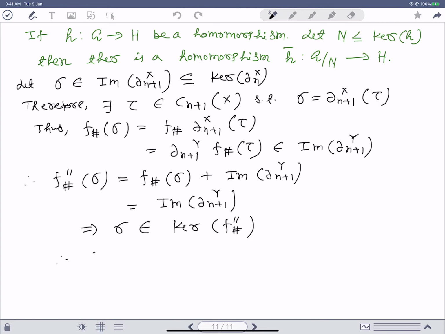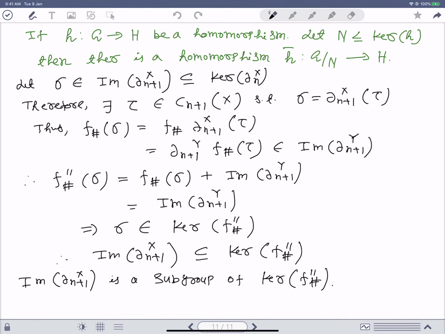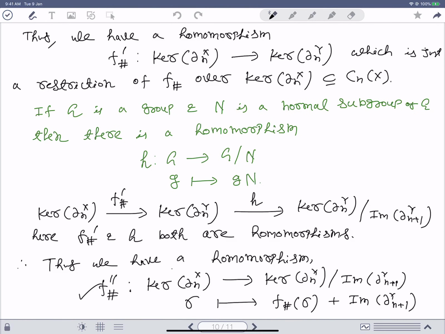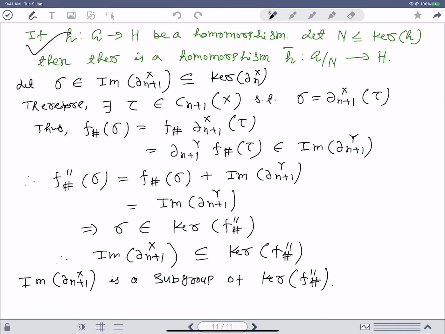So we can write image of del n plus 1 x is a subset of kernel of f hat double dash. Now since both are groups, image of del n plus 1 x is a subgroup of the kernel of f hat double dash. Okay. Now we can use this result in this map.